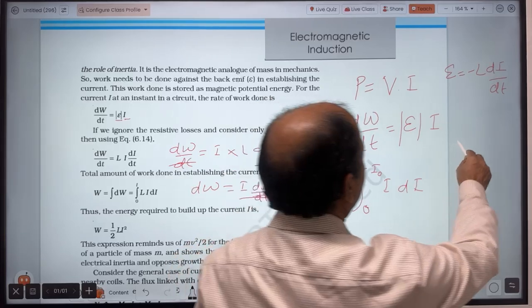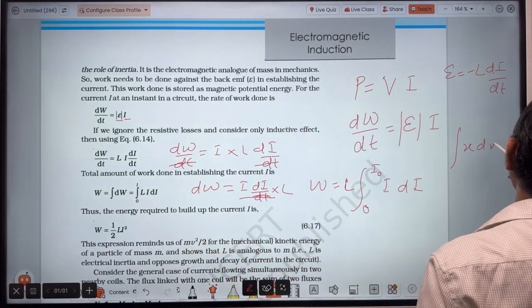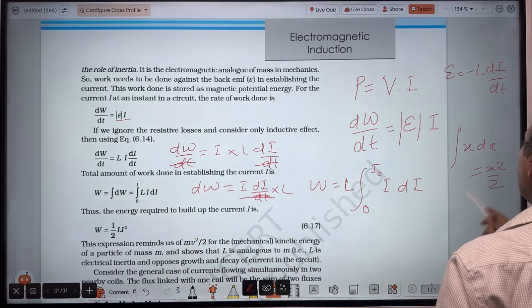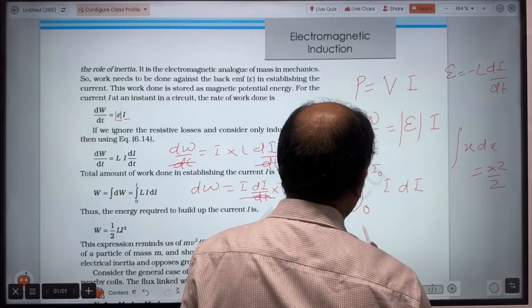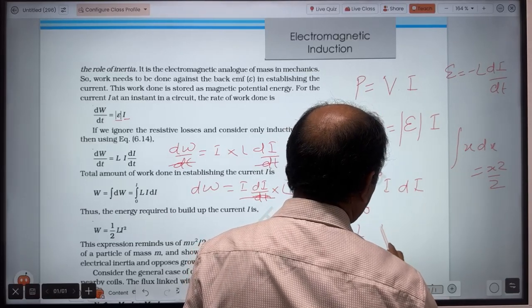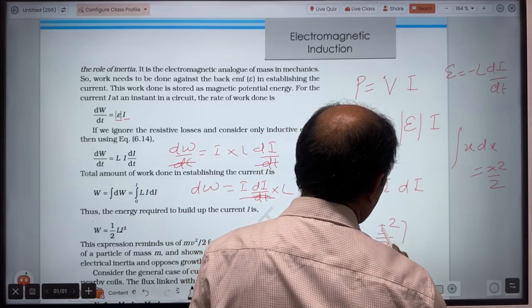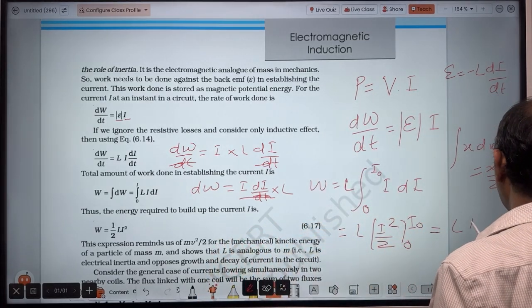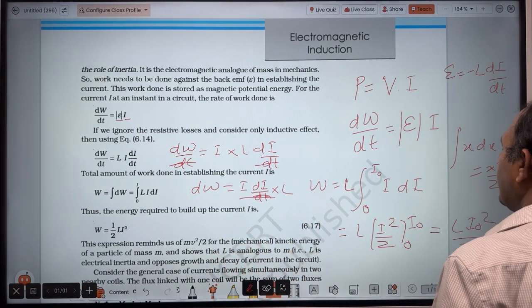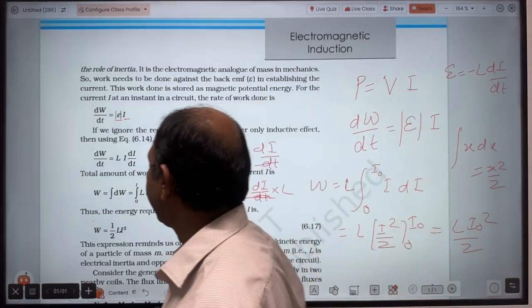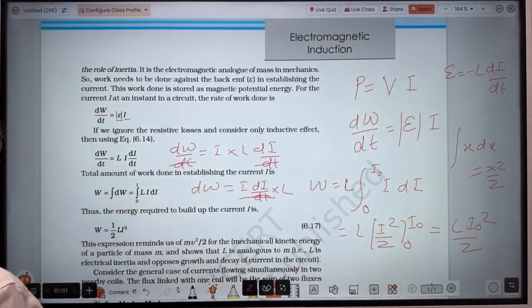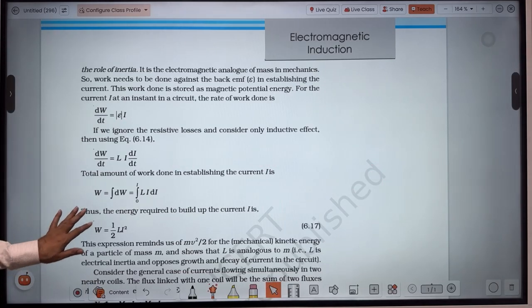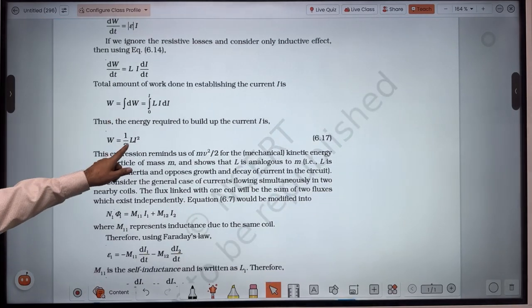And if you remember, integration of x dx gives x squared by 2. So this will become L times I squared by 2, and then we put the limits 0 to I0. So this will give L times I0 squared divided by 2, which is the energy stored in the inductor. So this expression W equal to L I squared divided by 2 is the energy stored.